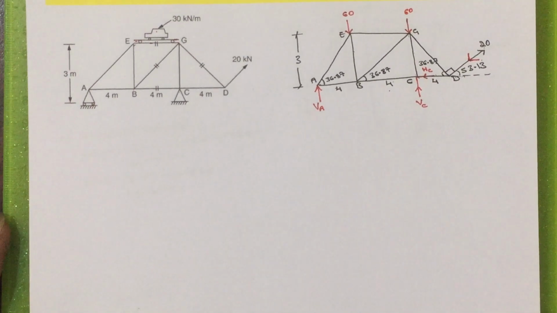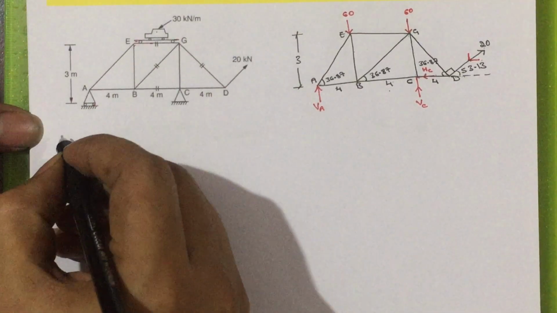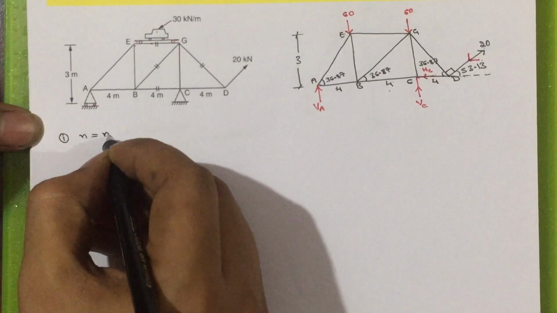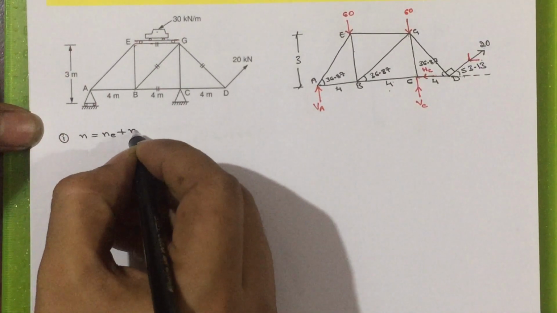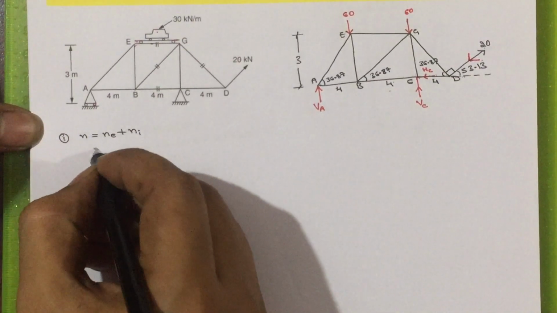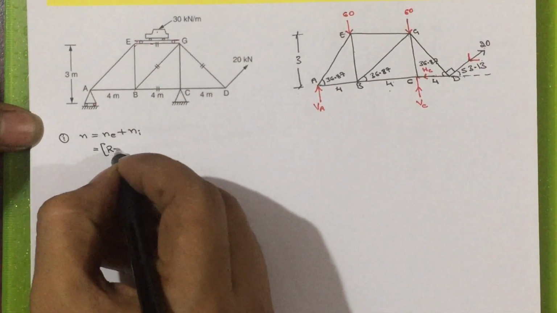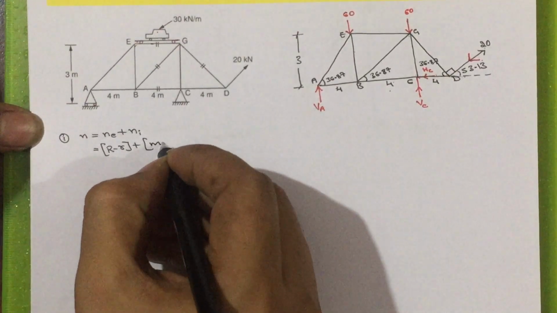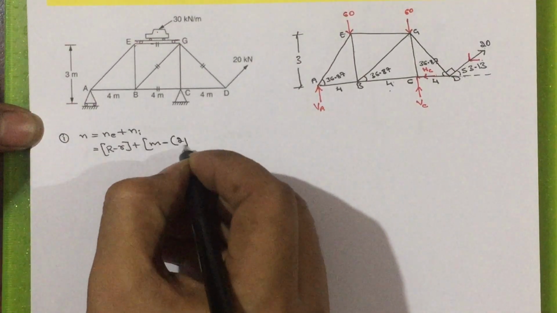Now, let us determine the static determinacy, that is given by, first step, n is equal to Ne plus Ni, where Ne is given by r minus 3 and Ni is given by m minus of 2j minus 3.